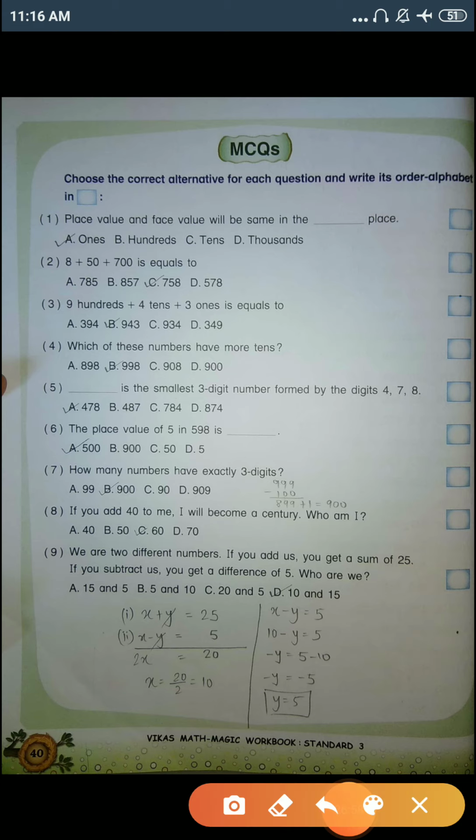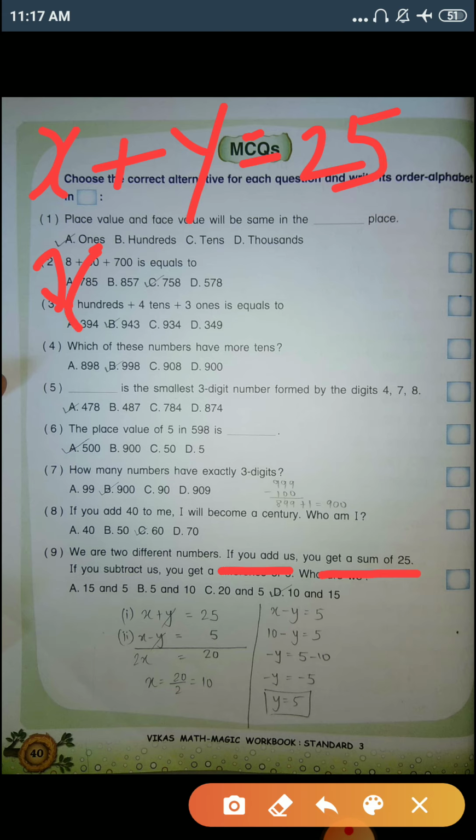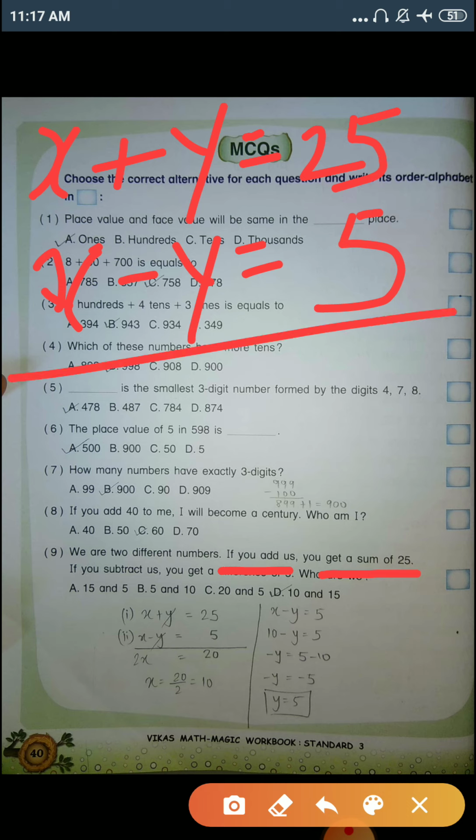The first sentence is, if you add us, you get a sum of 25. That means suppose x plus y equals 25. And the second sentence is, if you subtract us, you get a difference of 5. That means x minus y equals 5. Now for finding out the numbers, we need to solve this sum.